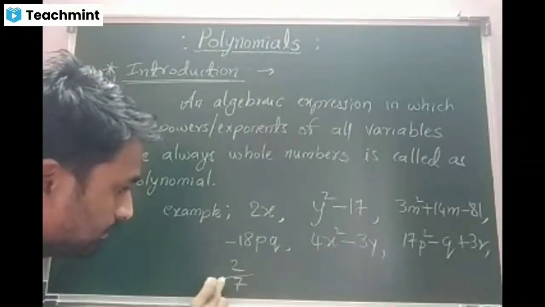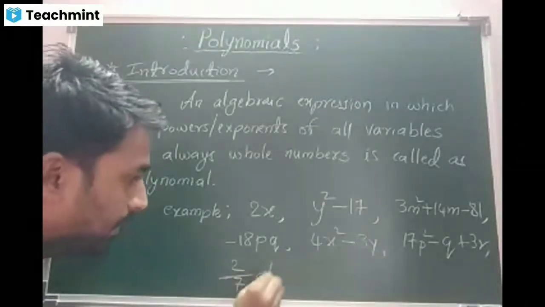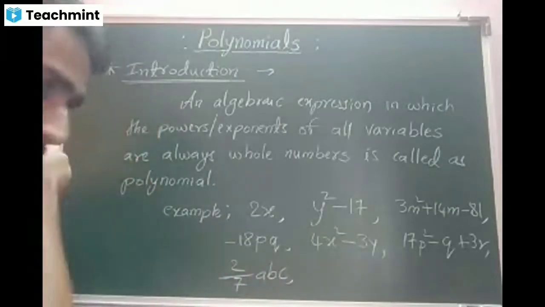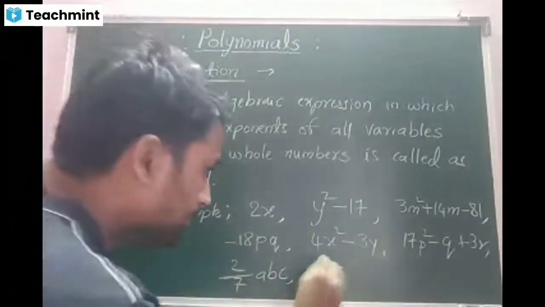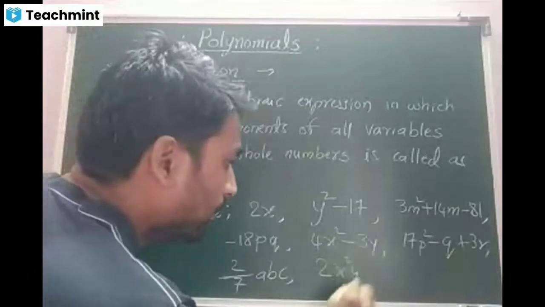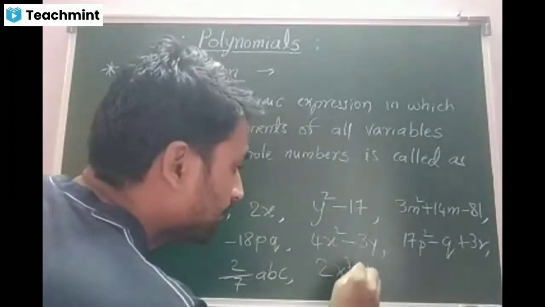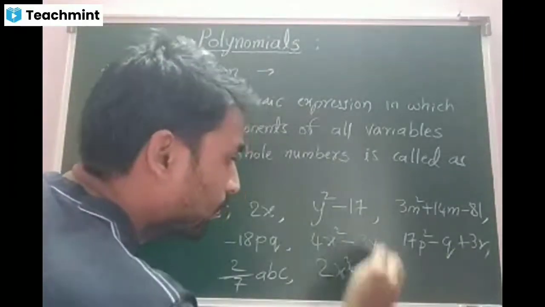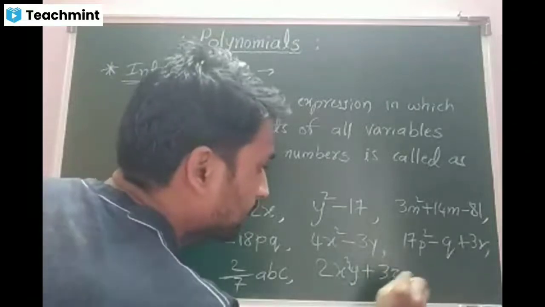Beta, one more set we will write: 2 by 7 ABC. Let me write 2x square y, then 2x square y plus 3z.